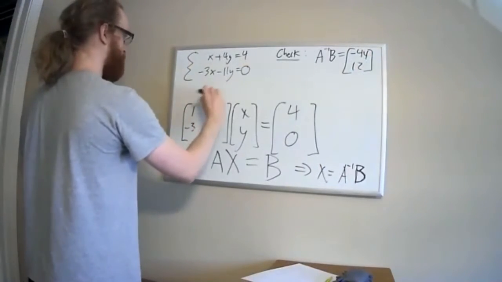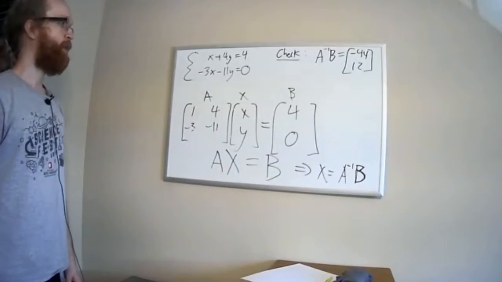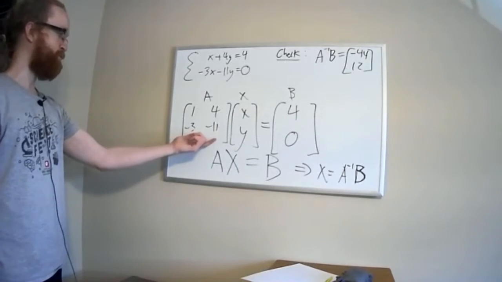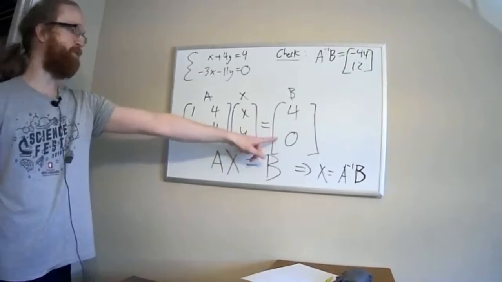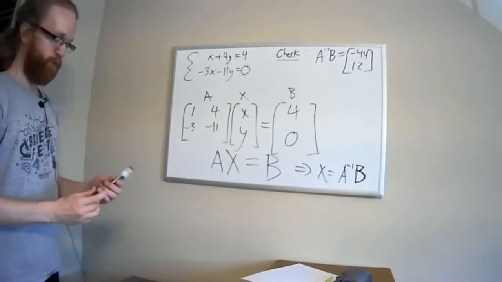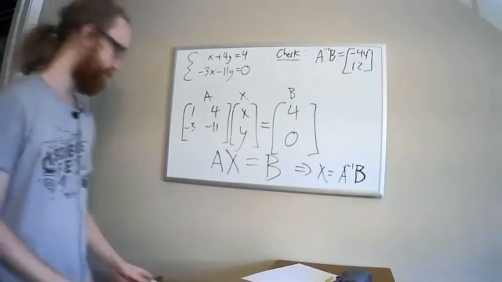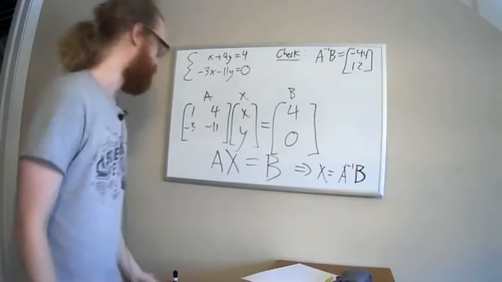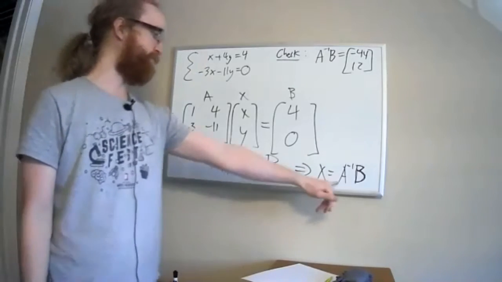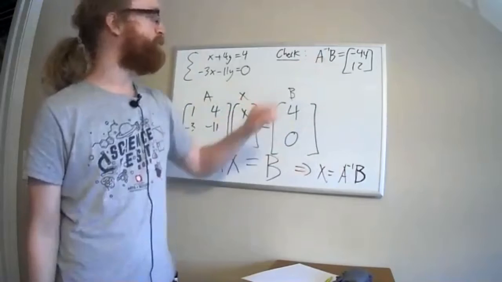Remember, this is A, this is X, and this is B. What I would say you should do is find the inverse of this matrix and then multiply it with this B, and you should get negative 44, 12. So we now have another way to think of solving a system of equations. Instead of row reducing in the first place, we could think of row reducing to find an inverse and multiplying by this result. And it should give us a solution.